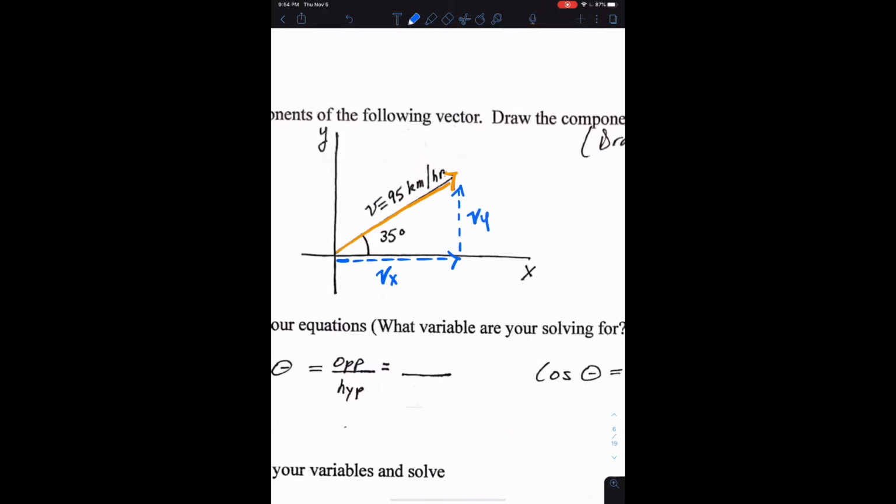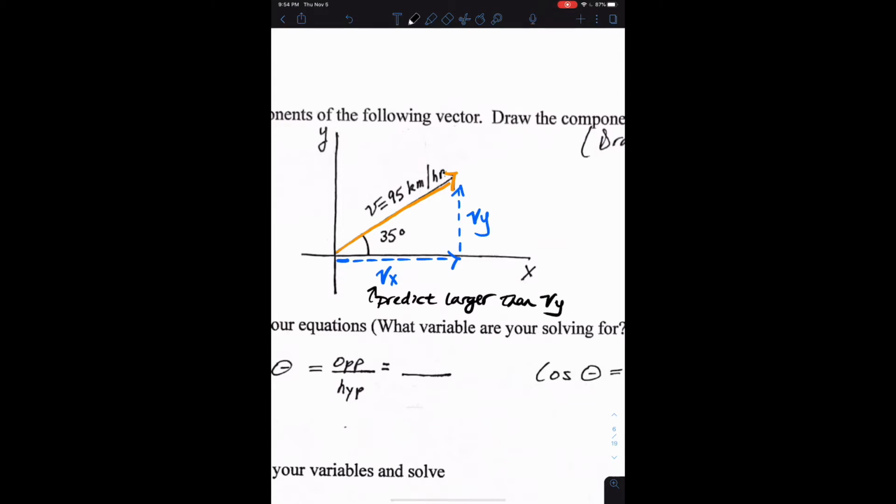Now, because we know something about angles, this 35 degrees is closer to the horizontal than it is to the vertical. So more of its velocity is going to be in the x direction, right? I think that's a safe prediction, that Vx will be larger than Vy.